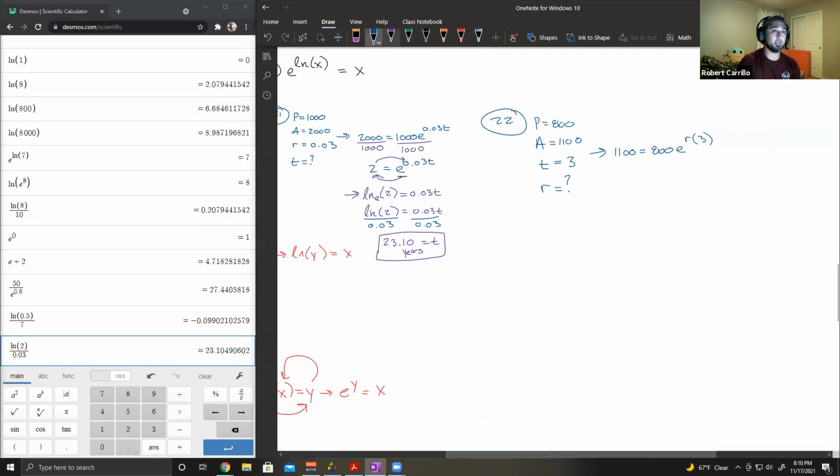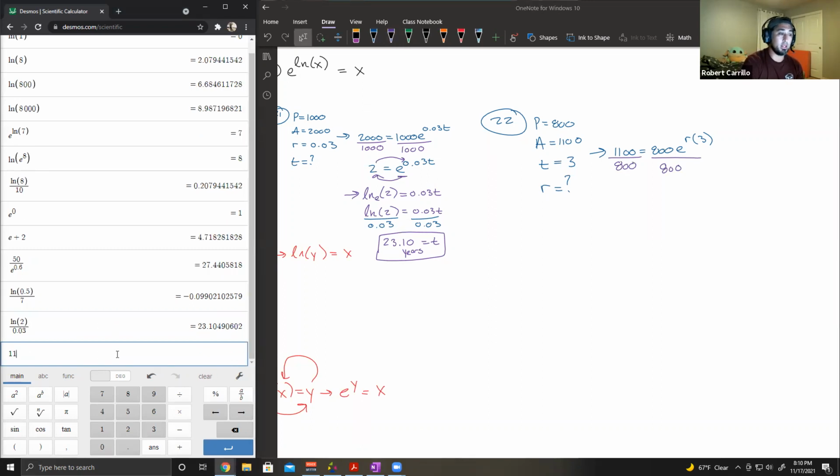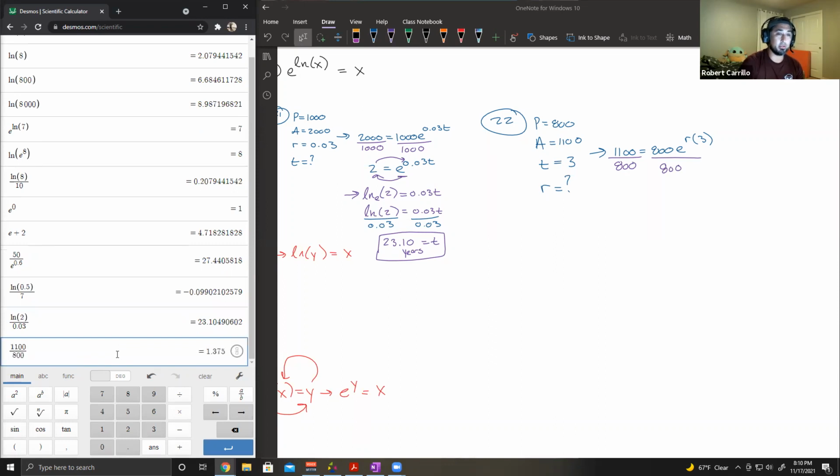Okay. First thing to do is divide by 800. And 1,100 over 800 gives me 1.375 equal to E to the 3R. Now we will convert again from exponential to log.